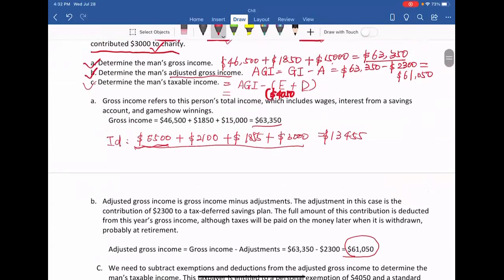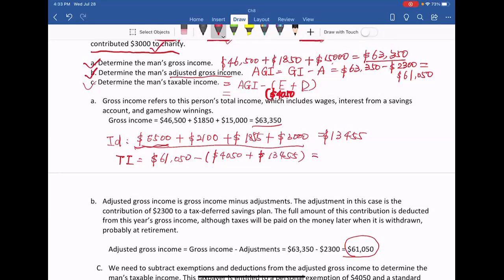Okay, so let's move on to determine the taxable income. Taxable income equals AGI. AGI we have learned that's adjusted gross income, which is 61,050. Subtract the exemption, which is 4050, plus 13,455, and this equals.